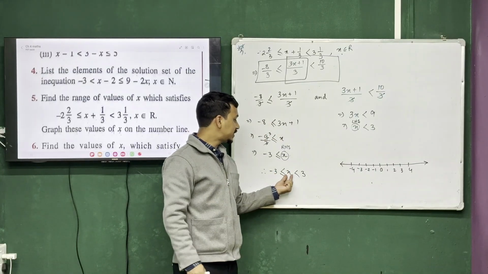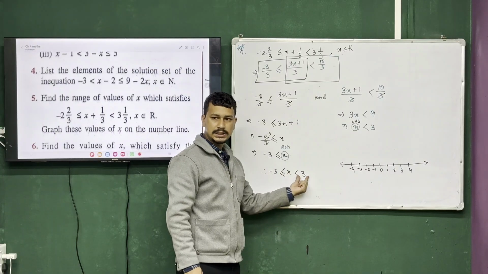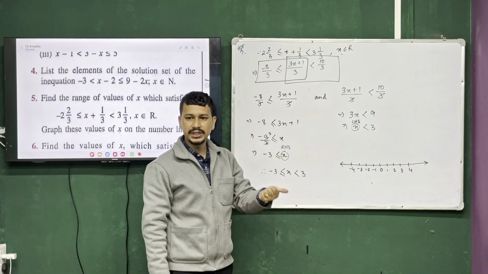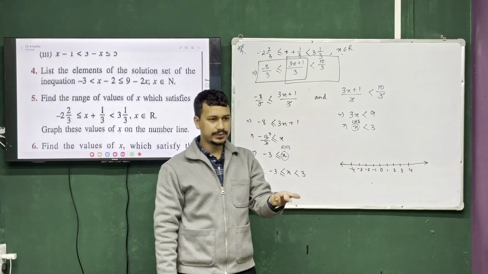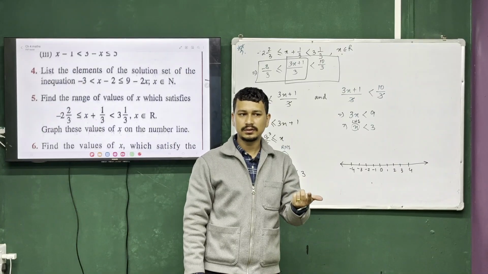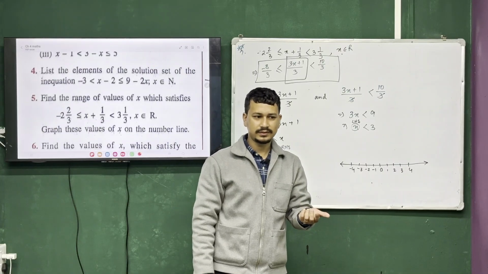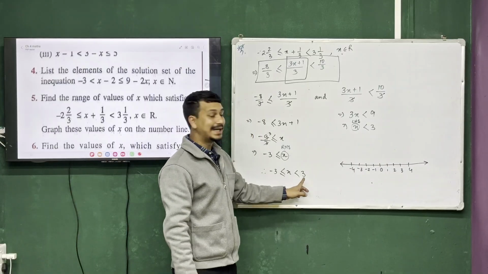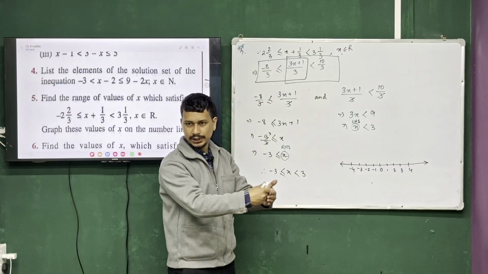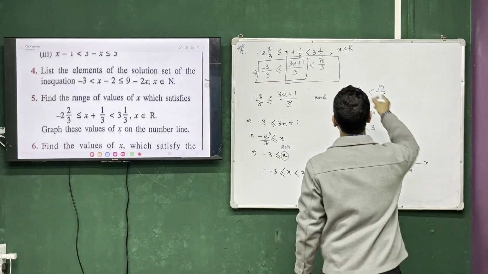So, the possible values of x are from minus 3 to 3. That means what are the possible values of x? Minus 3, minus 2, minus 1, 0, 1, 2, done. It's not equal to 3. Okay, I agree that 3 will not be there because it is less than 3. So we cannot include 3. Yes? But look at this line. What does it say?